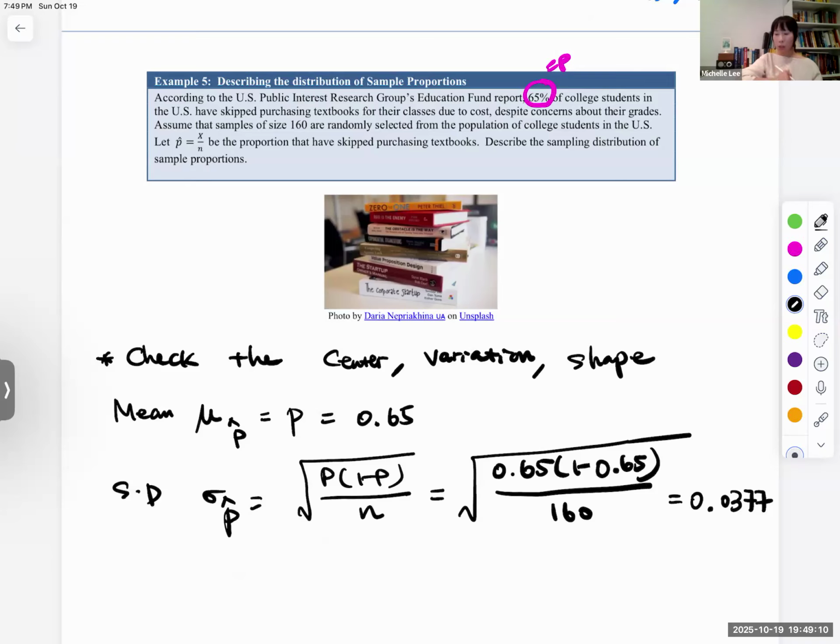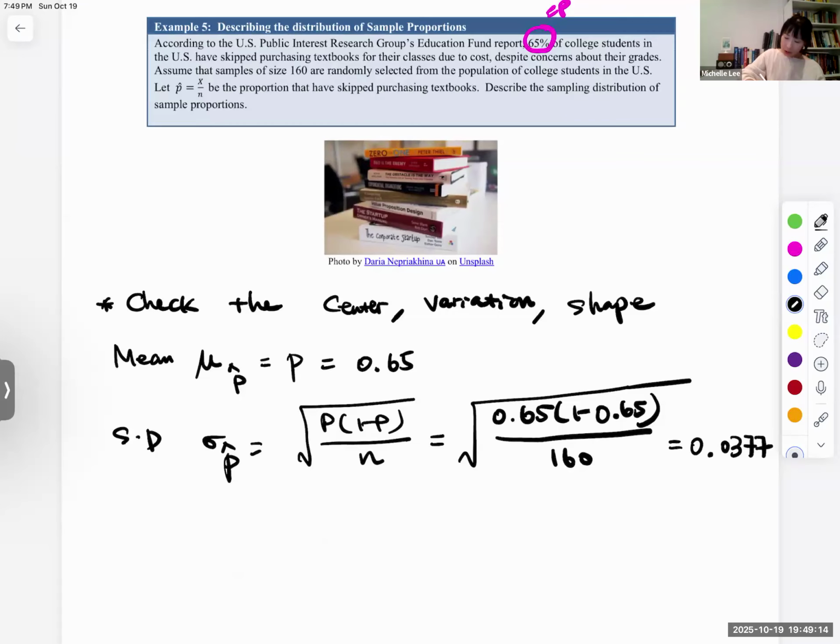Let's check the shape. We have to check that n times p times 1 minus p must be greater than or equal to 10 for normal, right?